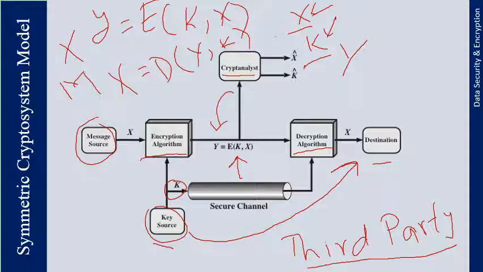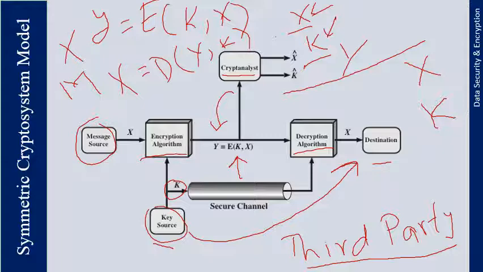If the goal of the cryptanalyst is to find out the information in X, that means he only wants to get the information about the current message. Alternatively, if the goal of the cryptanalyst is to get the key, that means he wants to get the current information and any further information that will be carried from the source to the destination.